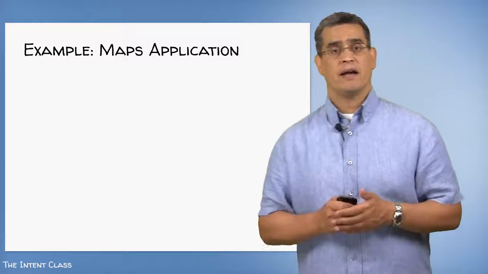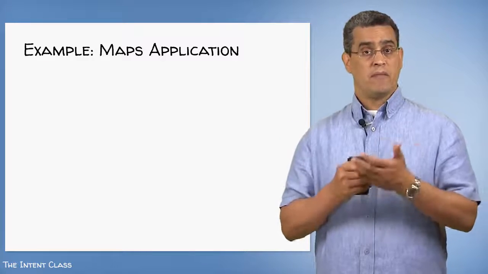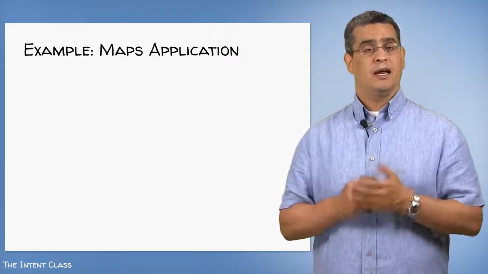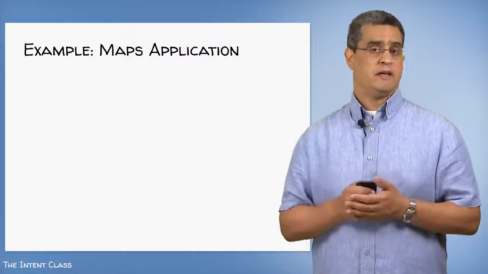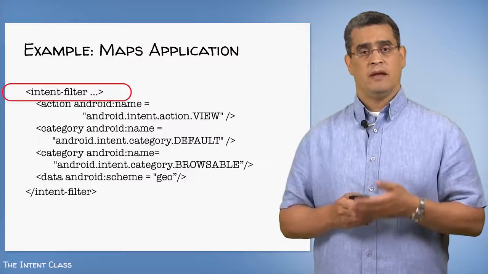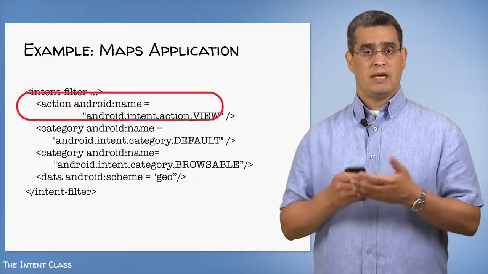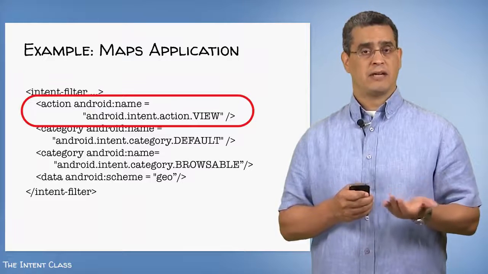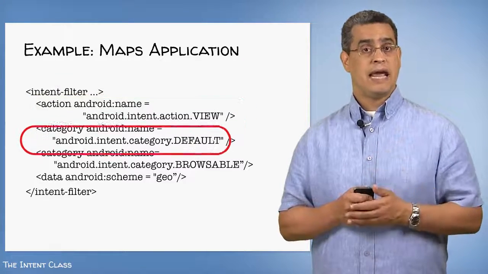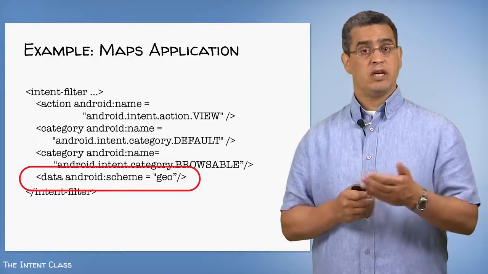Now, a while back, I decided to take a look at the AndroidManifest.xml file for the Google Maps application. And what I saw looked something like this. There was an activity with an intent filter, and that intent filter listed an action of android.intent.action.VIEW. And it had data, it had a data scheme of geo.